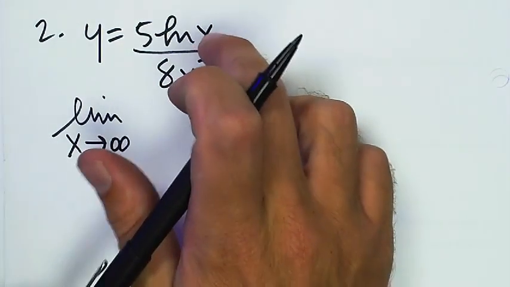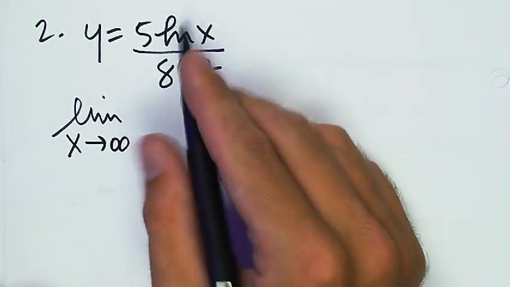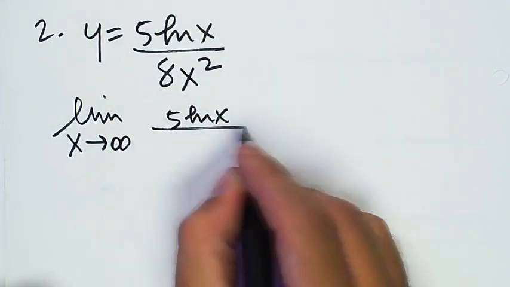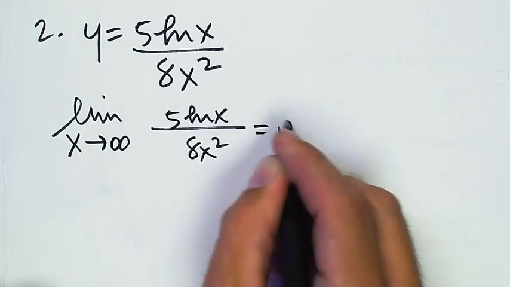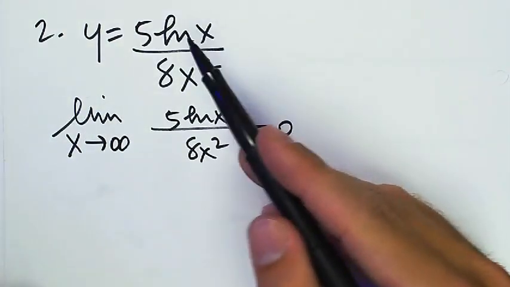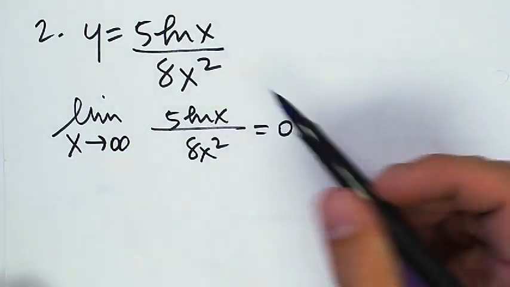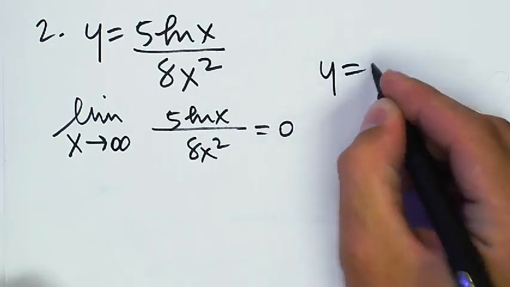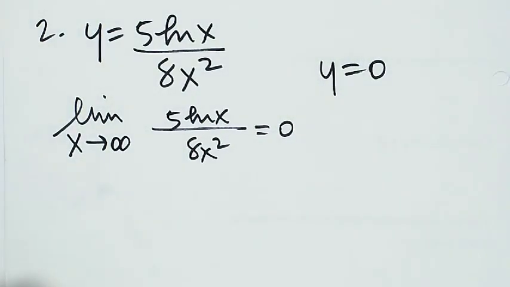That can only take in positive numbers. So the limit as x goes to infinity of 5 log x over 8x squared is 0 because it's heavier on bottom. Log does not grow fast at all. 8x squared grows much faster. It's bigger on bottom, so that goes to 0. So the horizontal asymptote is going to be y equals 0.